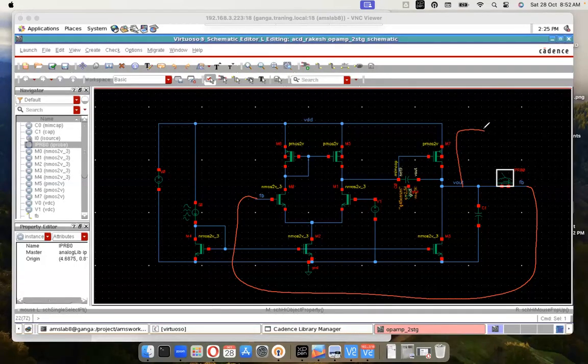So you pass the DC. An inductor has this characteristic of passing the DC, but blocking the AC, blocking high frequency components. So I do this. So only the DC operating point passes, but whenever a high frequency signal is applied, it blocks it.